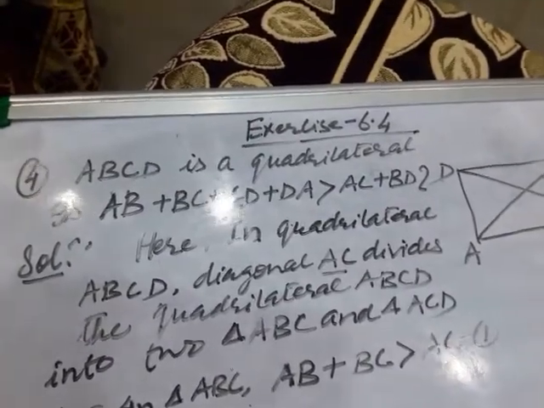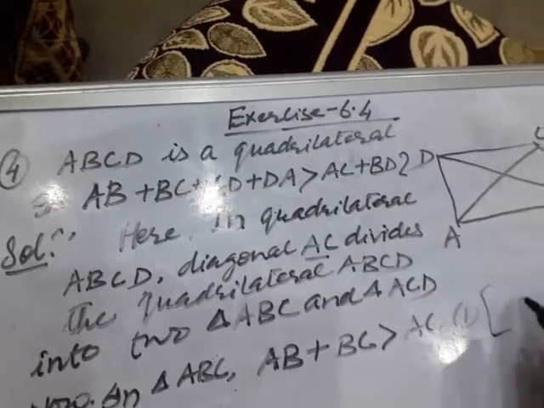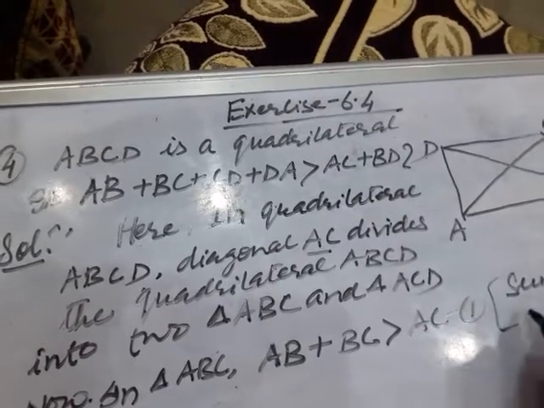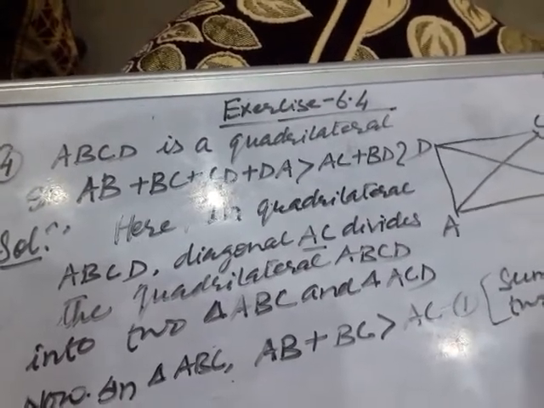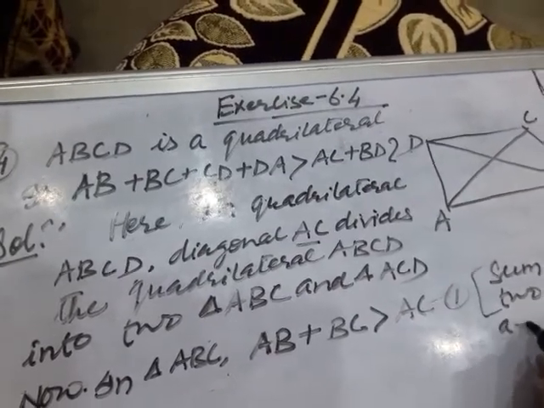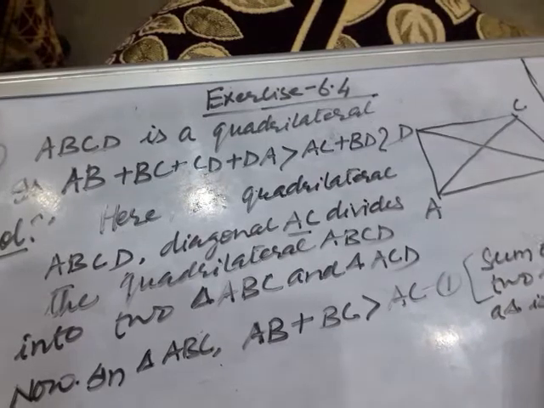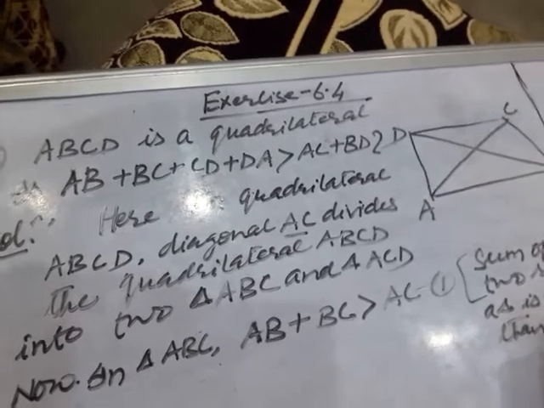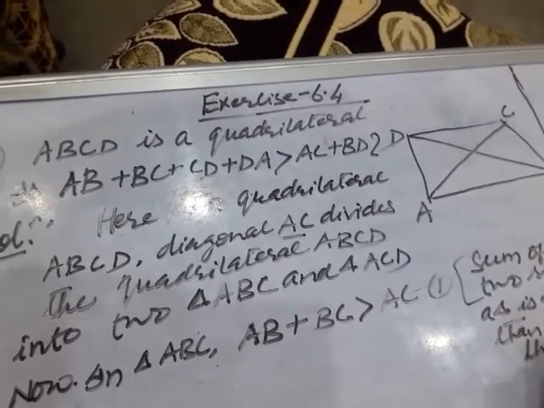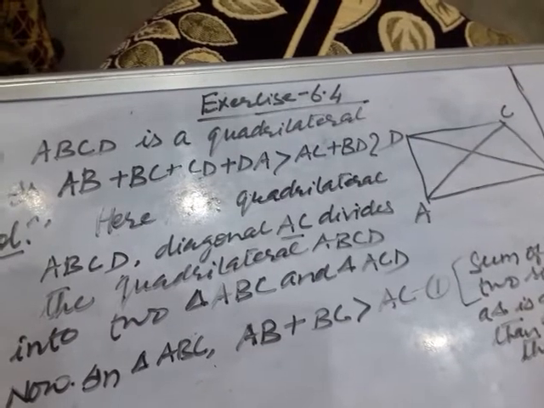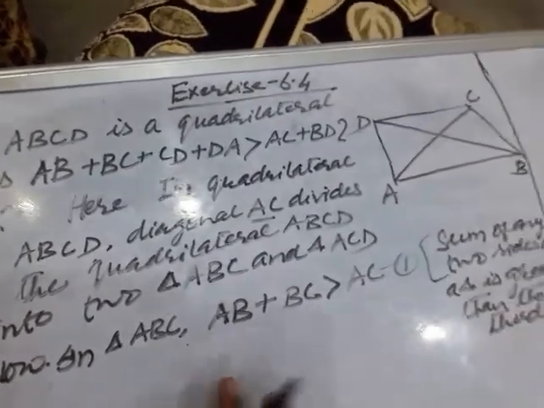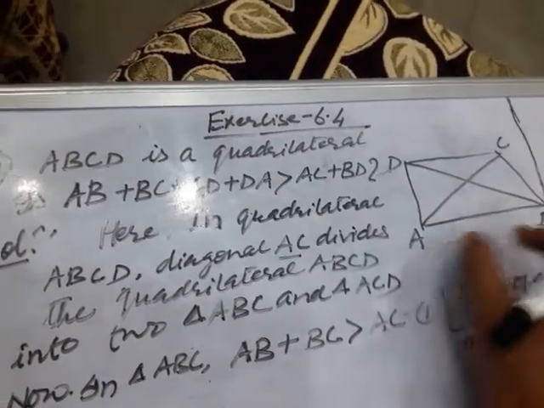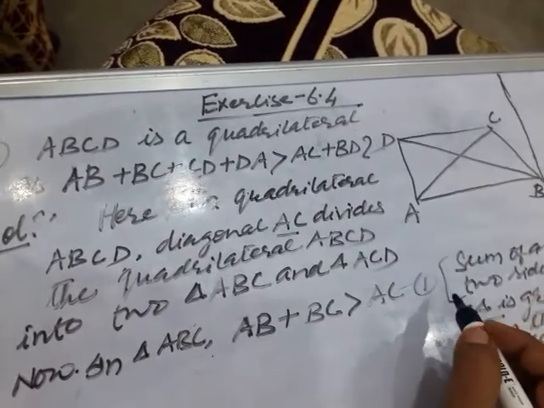Why did it happen? Because the sum of any two sides of a triangle is greater than the third side. Okay, children, in triangle ABC we know that the sum of any two sides of a triangle is greater than the third side, so AB plus BC is greater than AC.